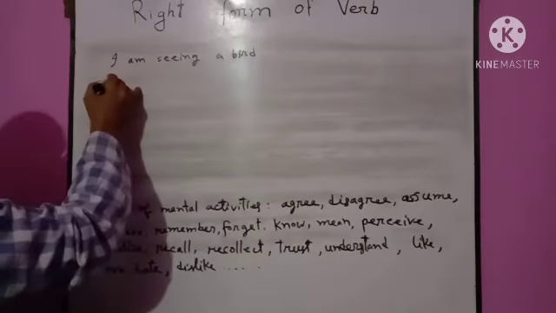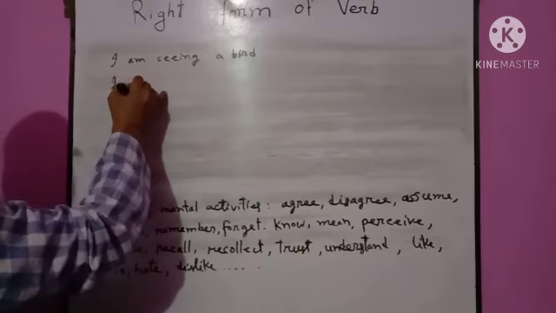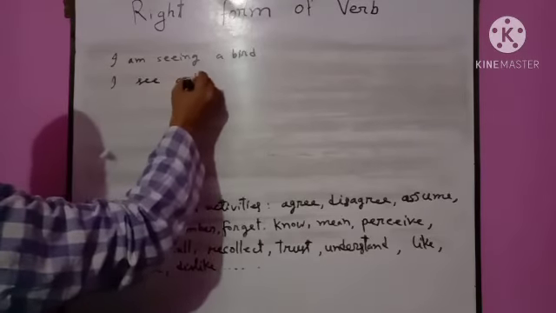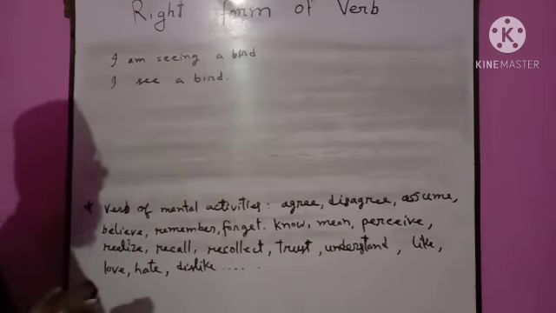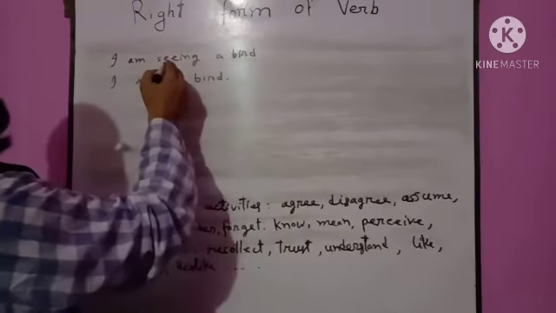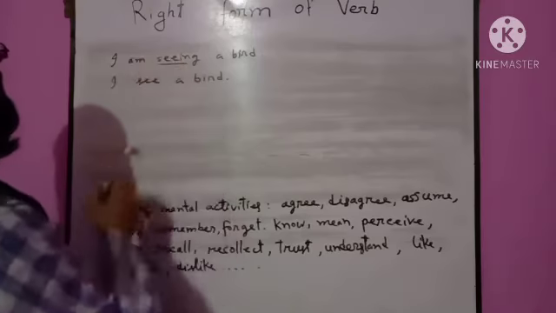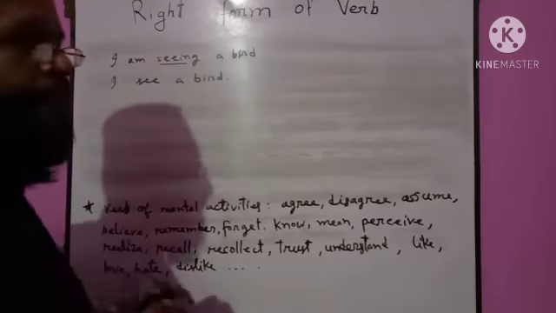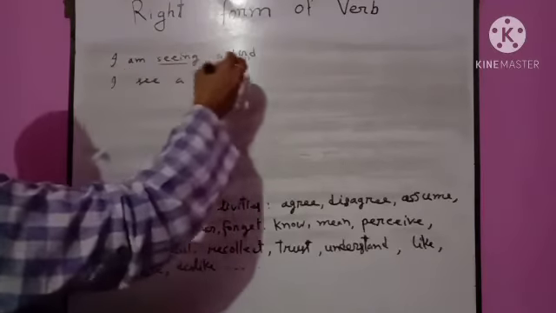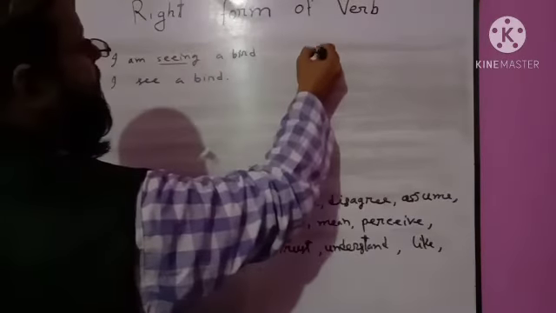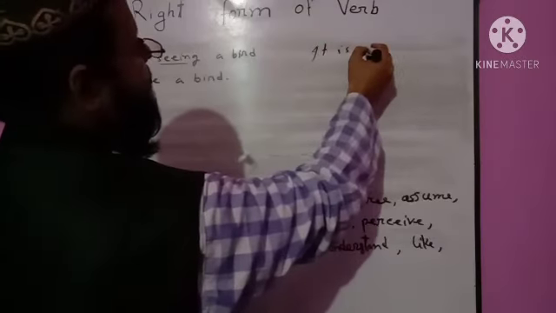And I see a bird. I have written two sentences. I am seeing a bird. Seeing is a verb of sense, so we should not use it in continuous tense. I think it is wrongly used. It is wrong.